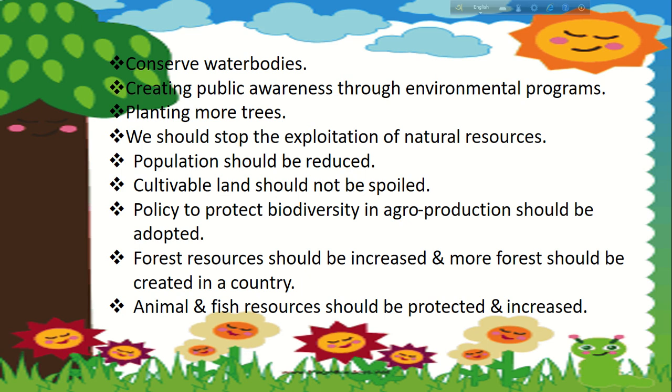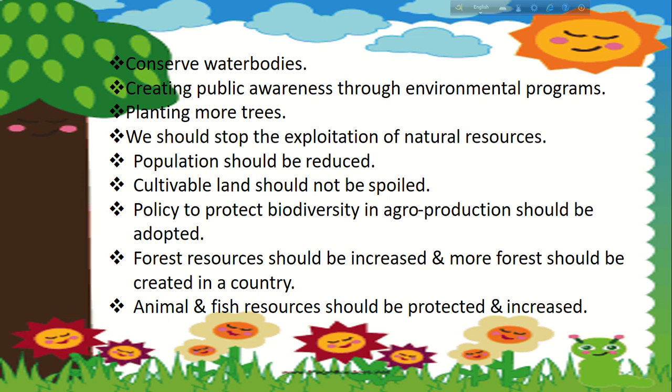And create public awareness through environmental programs or tree plantation programs, planting more and more trees, because trees provide food and oxygen, and they help save energy, clean the air and help to combat climate change. We should stop the exploitation of natural resources, because we have limited natural resources and proper planning is needed to use them.